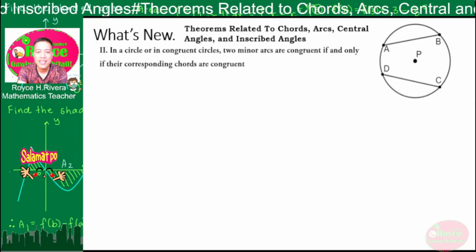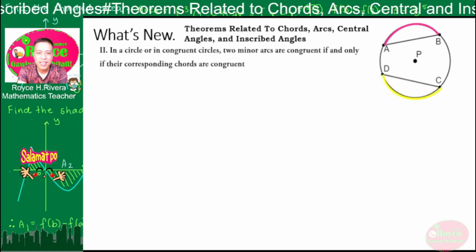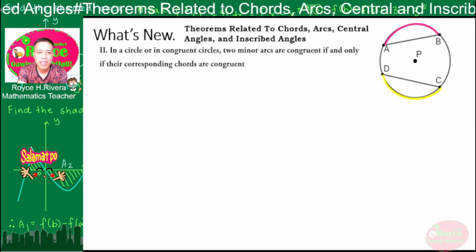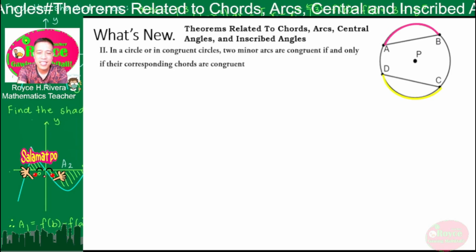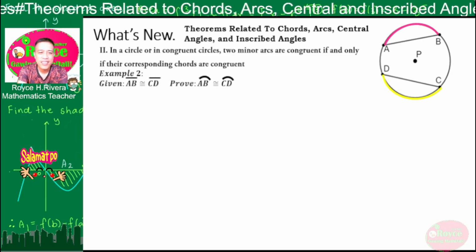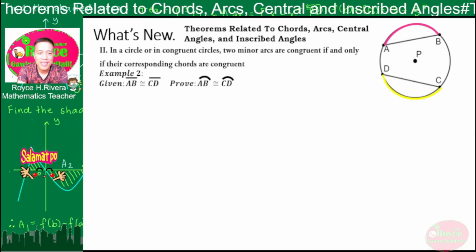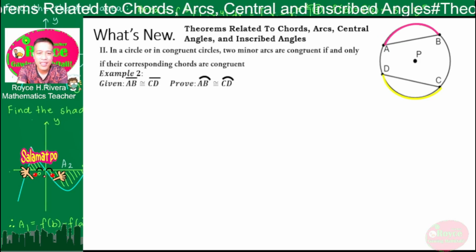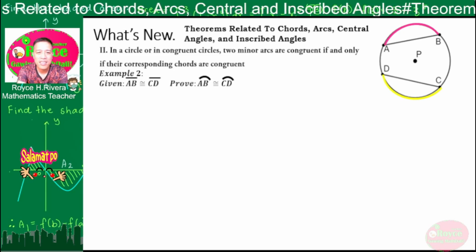In circle P, arcs AB and CD are congruent if and only if their corresponding chords AB and CD are congruent. For the given, chord AB is congruent to chord CD. Let us prove that arc AB is congruent to arc CD.